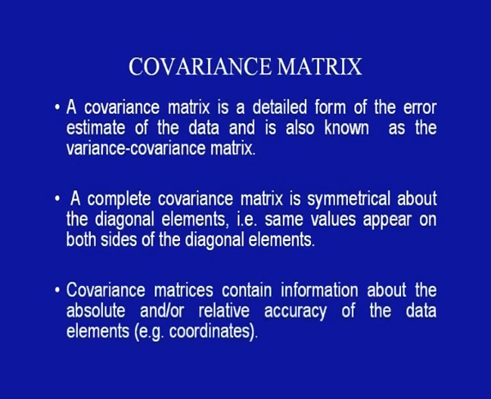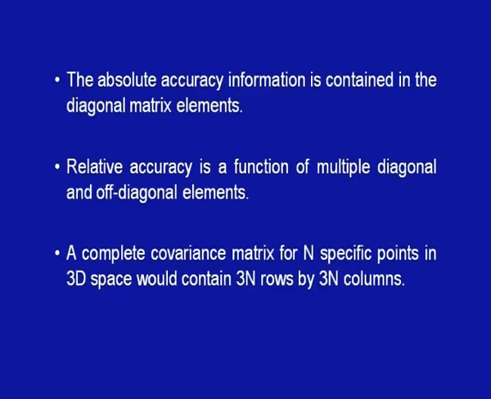Covariance matrices contain information about the absolute and/or relative accuracy of the data elements, that is, coordinates. The absolute accuracy information is contained in the diagonal matrix elements. The relative accuracy is a function of the multiple diagonal and the off diagonal terms.